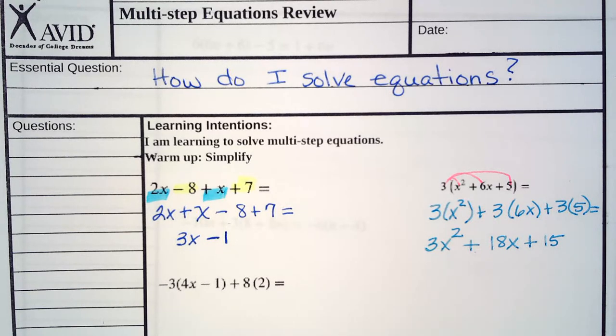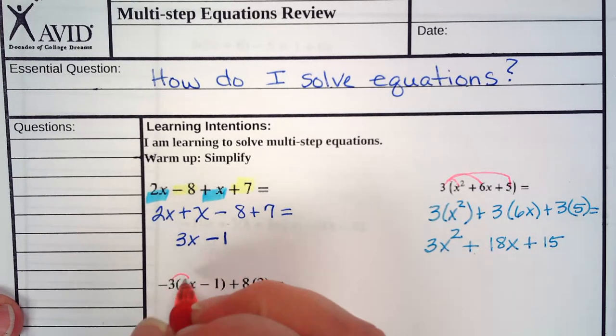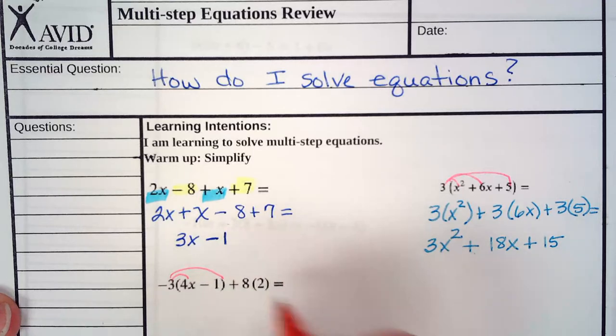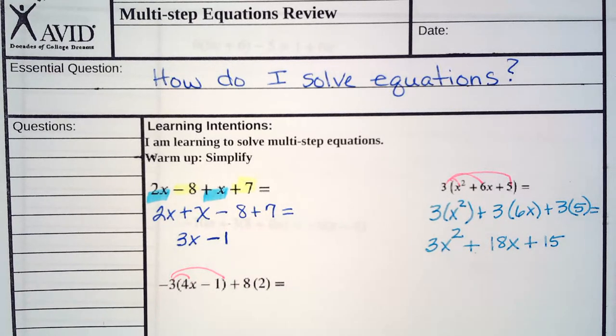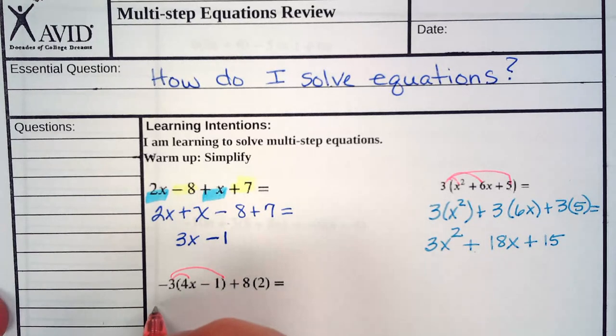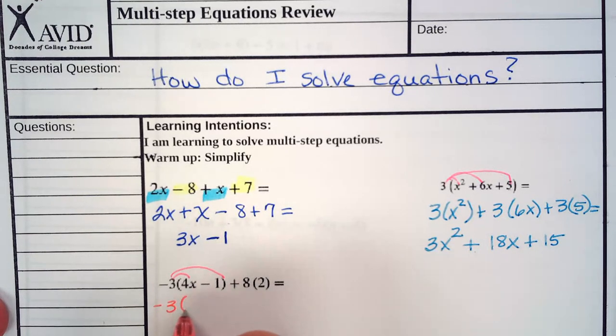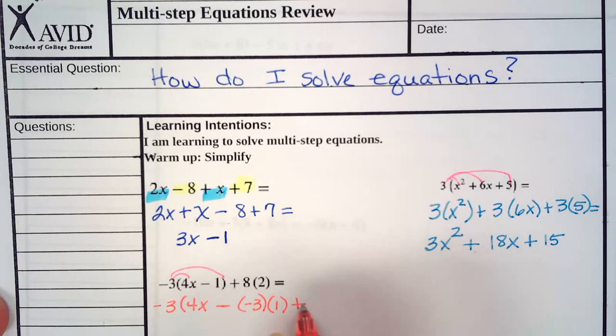So for the last one, once again I've got to distribute, but then I've also got multiplication. So as I'm distributing, I've got negative 3 times 4x minus negative 3 times 1 plus 8 times 2.